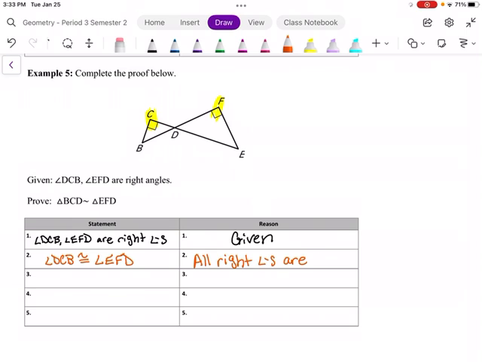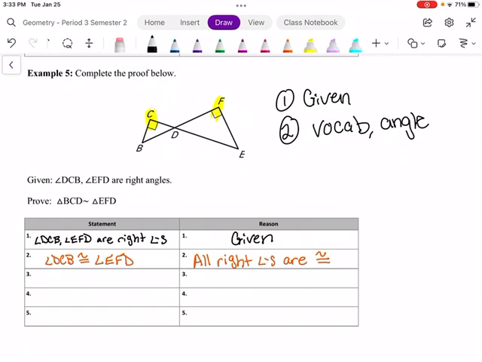So now we have that. Once you're done with that, we use our 1 given information, 2 vocab, and with the vocab, I always recommend looking for angle pairs. So in this picture, you'll notice we don't have any parallel lines, but we do have an angle pair that are vertical angles.